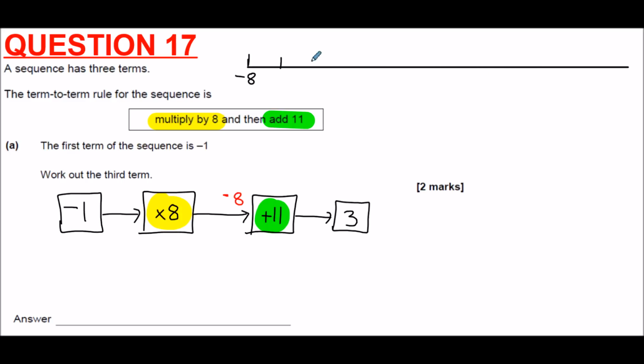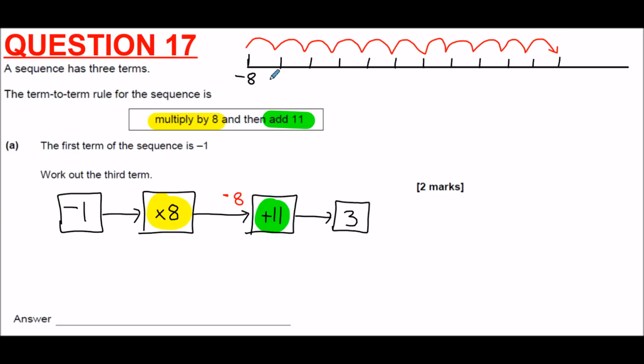So we're going to start at minus 8, and we're going to hop 11 numbers to the right. 1, 2, 3, 4, 5, 6, 7, 8, 9, 10, 11.